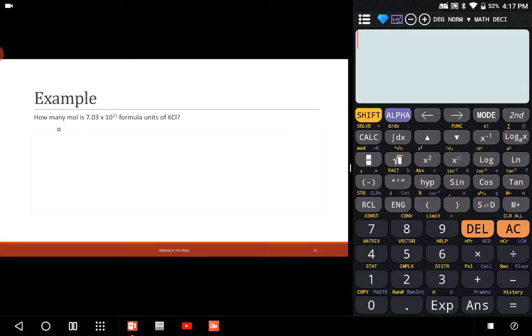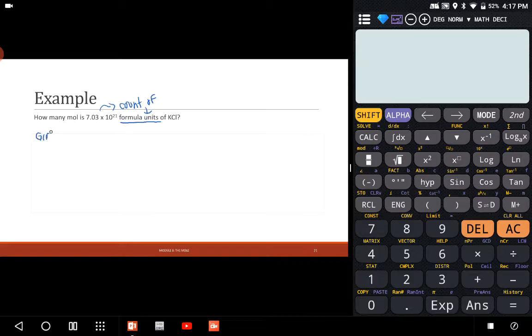So for example, it says how many moles is 7.03 times 10 to the 21st power formula units of KCl. And so formula units is a count. So this is a count of formula units. And so we have to convert between formula units counts into moles.